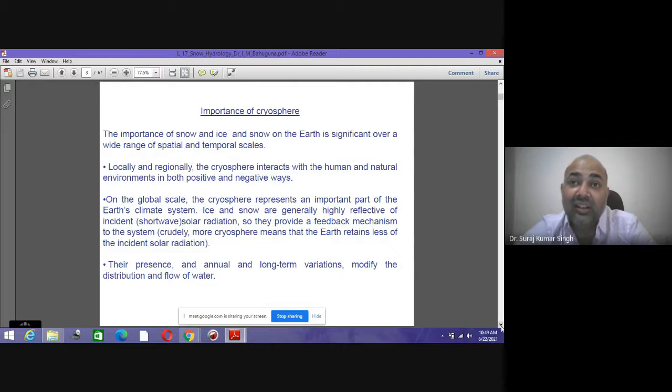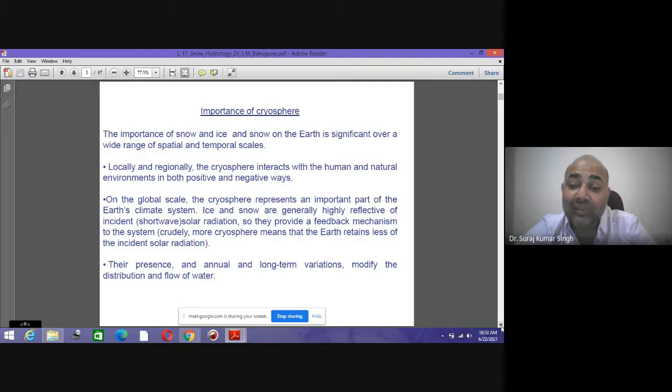On a global scale, the cryosphere represents an important part of our climate system, because we are getting water, we are getting drinkable water, we are getting water for irrigation, that is cooling the monsoons, that all is possible because of these glaciers, because of this snow, because of these mountains. So that is very important for Earth system climate.